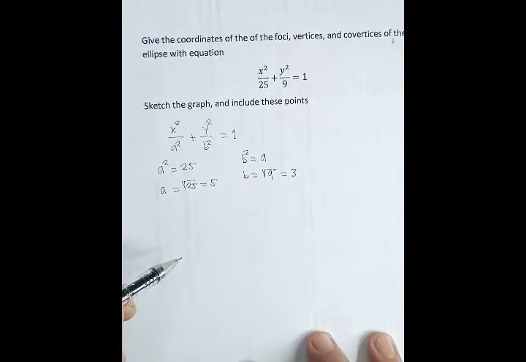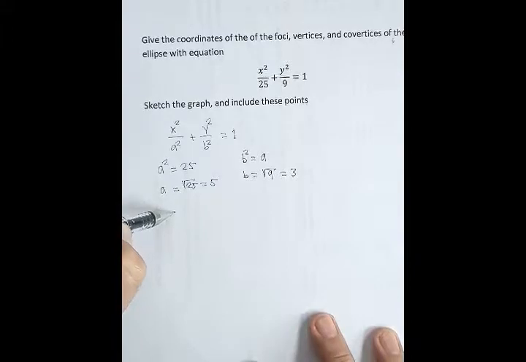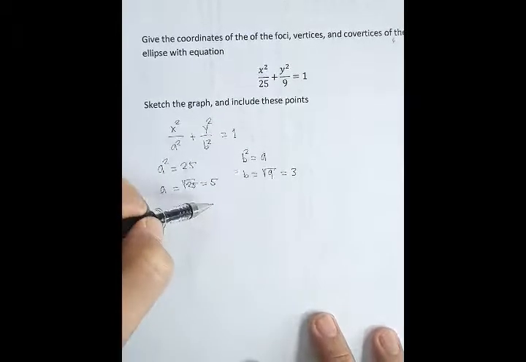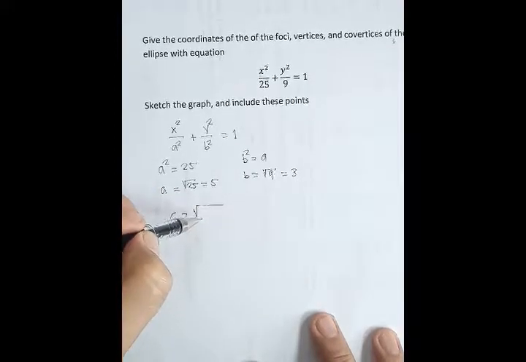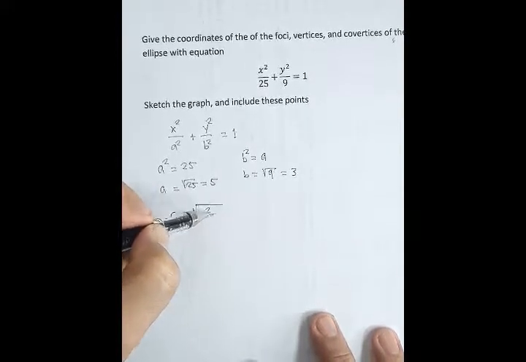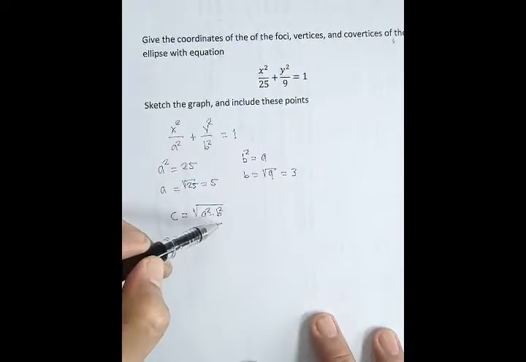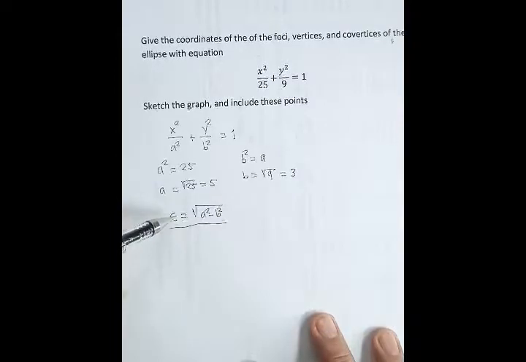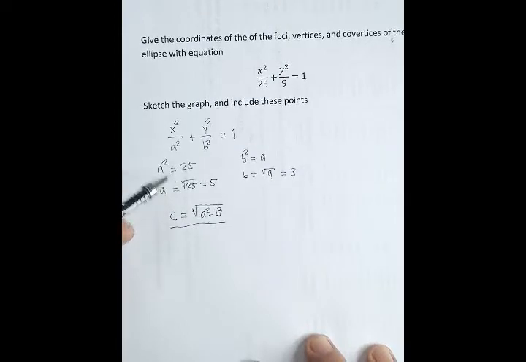And then the formula for c sa ellipse is c equal to the square root of a squared minus b squared. Okay, so muna siya itong formula for c. Kung saan na ito pag-solve ang c, it is the square root of a squared minus b squared. Or ang a squared na to should be the larger nga number.